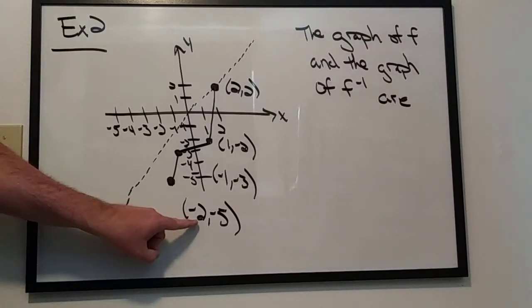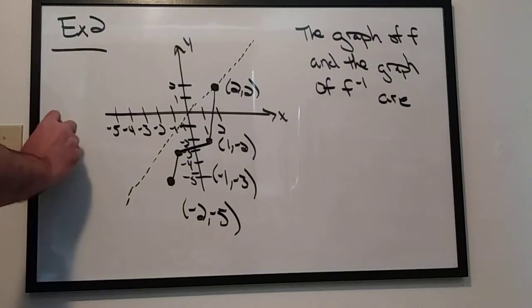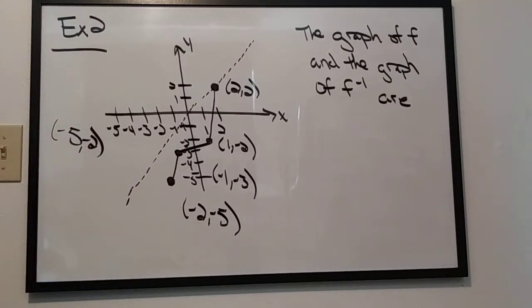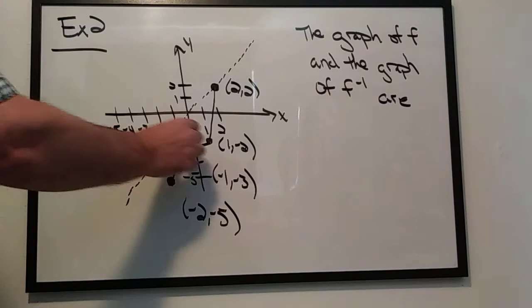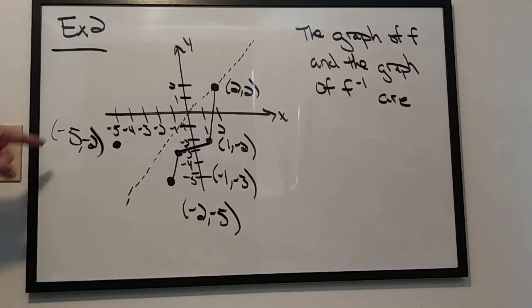So when you look at the point (-2, -5) that's on the graph of f, that means the point (-5, -2) has to be on the graph of f inverse. So (-5, -2) is going to be right here. And what I'm now going to do is the same thing with the rest of these points.